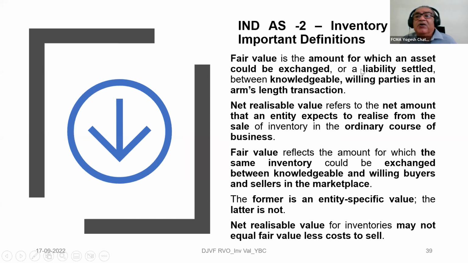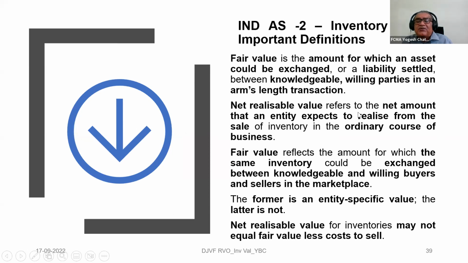Fair value is the amount for which an asset could be exchanged or a liability settled between knowledgeable willing parties in an arm's length transaction. This is again fair value measurement, for which we have a different standard. So this fair value definition is almost the same.